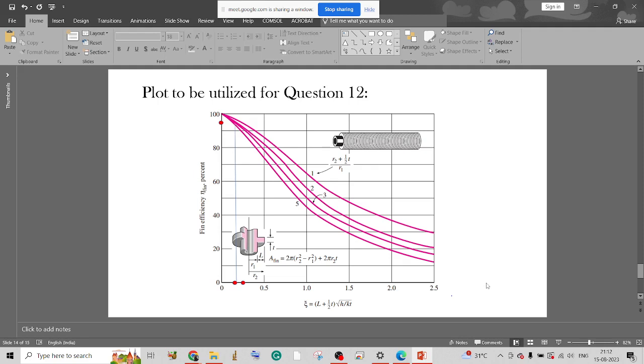So this is 0.03 plus half of the thickness of the fins, 0.002, and this is 0.015 meter, for the outer radius of the pipe, that is the outer diameter of the pipe 0.03 divided by 2, that is 0.015. So this came out to be 2.07, dimensionless.